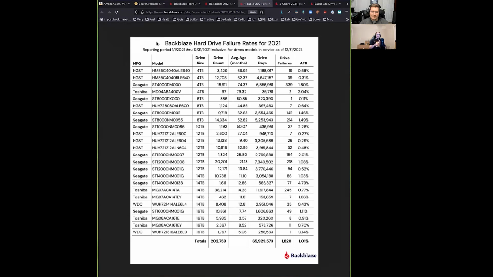How many reads and writes have been made to the drives? And these are stats that anyone could pull out using the smartctl CLI tool, or any other GUI, and just see if you're comfortable with those numbers.